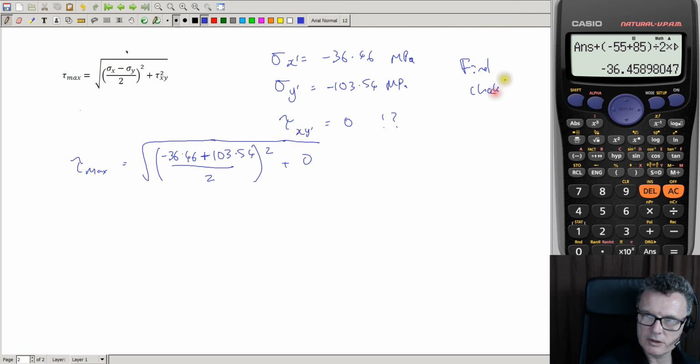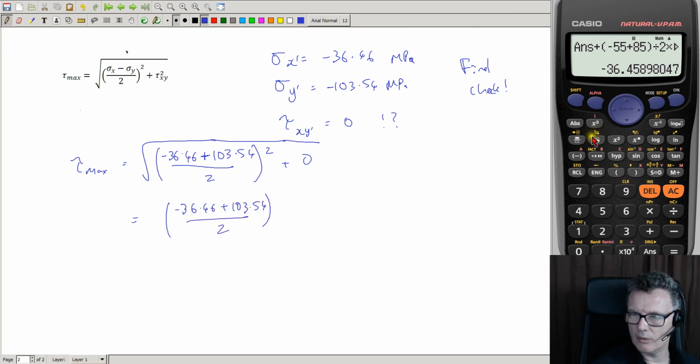So it's my final check. Notice something here. We're square rooting a square, so it's just going to be minus 36.46 plus 103.54. What's that going to go? So minus 36.46 plus 103.54 divided by 2.